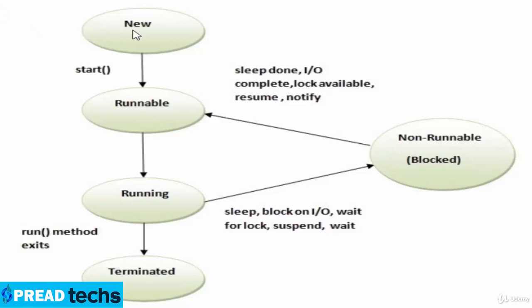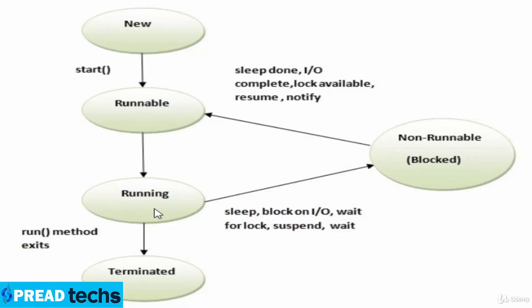Here you can see new, runnable, non-runnable, blocked, runnable, and terminated. A thread becomes non-runnable when one of these events occurs: the sleep method is invoked, the thread calls the wait method, or the thread is blocking on input and output. A thread dies naturally when the run method exits.